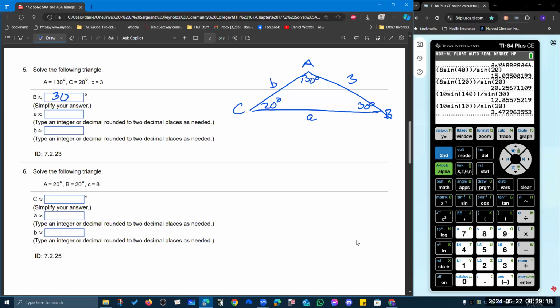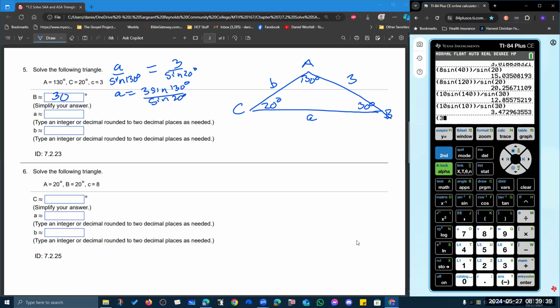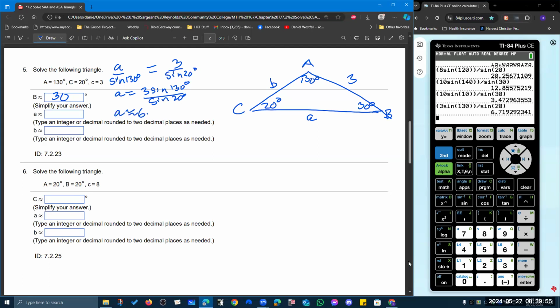And A is to sine of A as C is to sine of C. So A equals 3 sine of 130 degrees over sine of 20 degrees. 3 sine of 130 divided by sine of 20 is going to give us 6.72 for A.